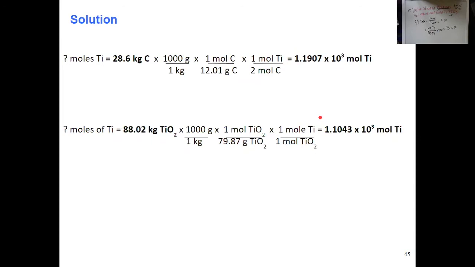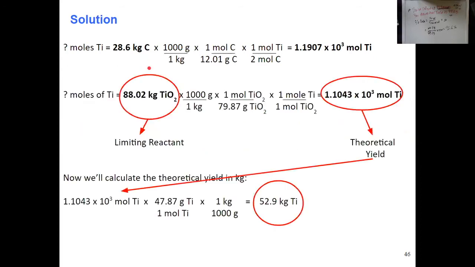So now I'm going to compare these values, and I can see right away which value is the smaller value. That value is my theoretical yield. My theoretical yield was produced from my limiting reactant. If TiO2 is my limiting reactant, then carbon has to be my excess reactant. So I can figure out a lot of information right after that first calculation.